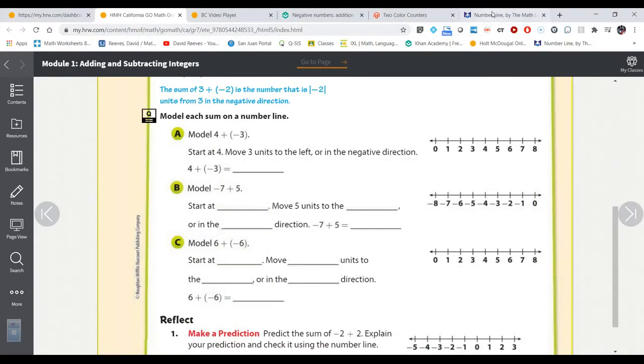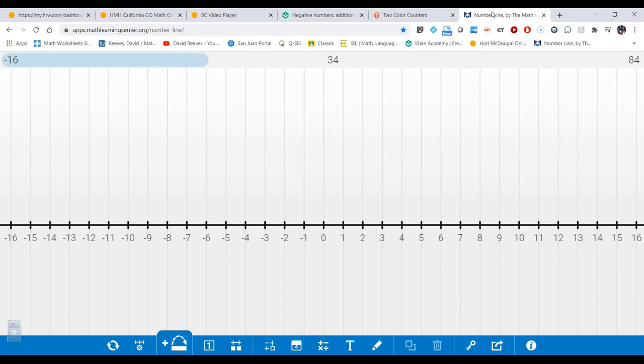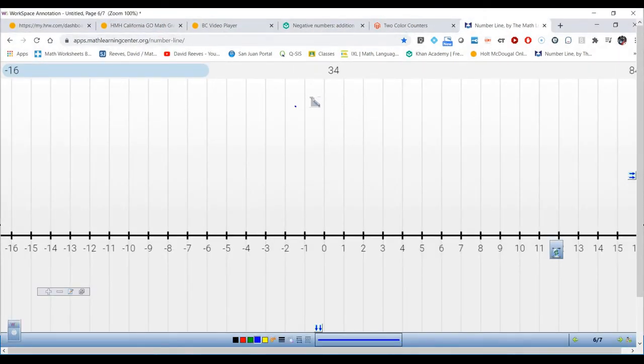Okay, so let me do one more example on the number line. All right, let's do positive 12 plus negative 8, okay? So I'm going to do positive 12 plus negative 8. All right, so first thing I'm going to do down here is go to the positive 12.